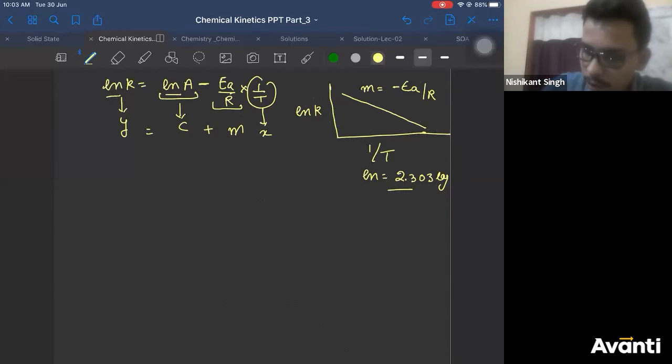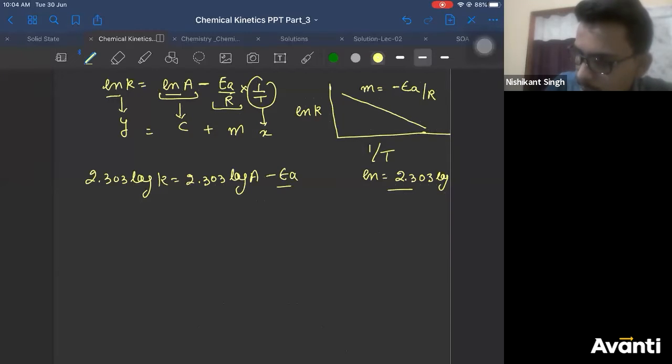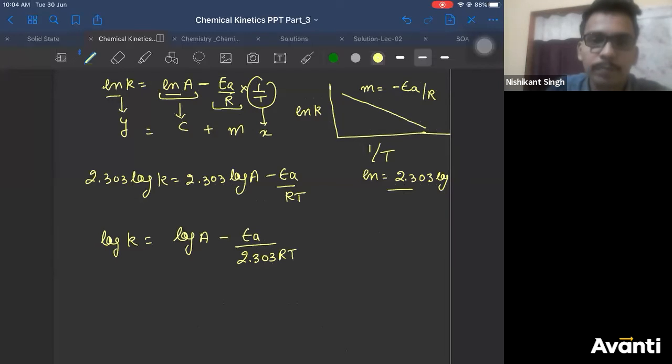So ln k can be written as 2.303 log k is equal to 2.303 log A minus Ea by RT. Now take 2.303 common and cancel it. Log k is equal to log A minus Ea by, since you're taking it common, 2.303 RT, it will become the denominator here.